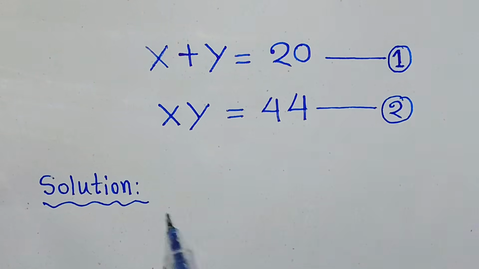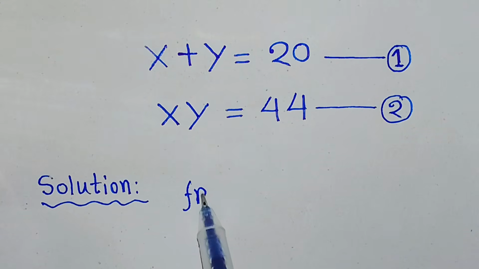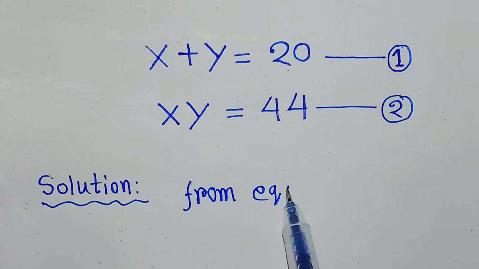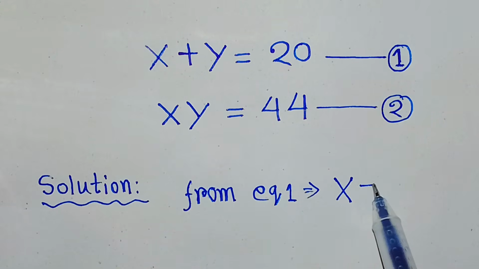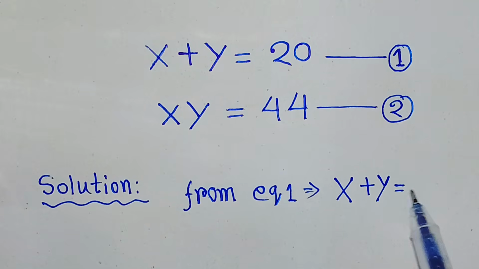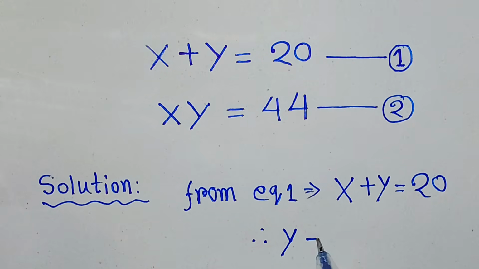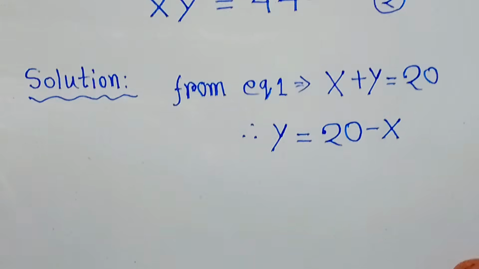So at first we take x plus y is equal to 20 as equation number 1 and xy equal to 44 as equation number 2. From equation number 1 we can write x plus y is equal to 20, so from here we can get the single value of y, which is 20 minus x.